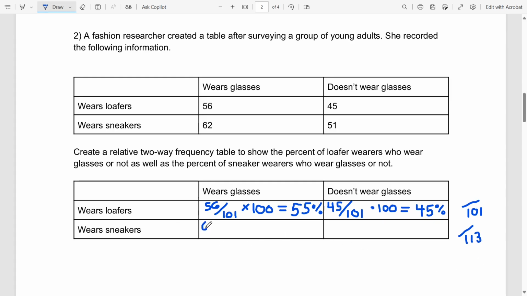So this first one's going to be 62 divided by 113 times 100. And let's figure out what that is. So we'll do 62 divided by 113 times 100. And we get 54.86. I'm going to put that as 55%.